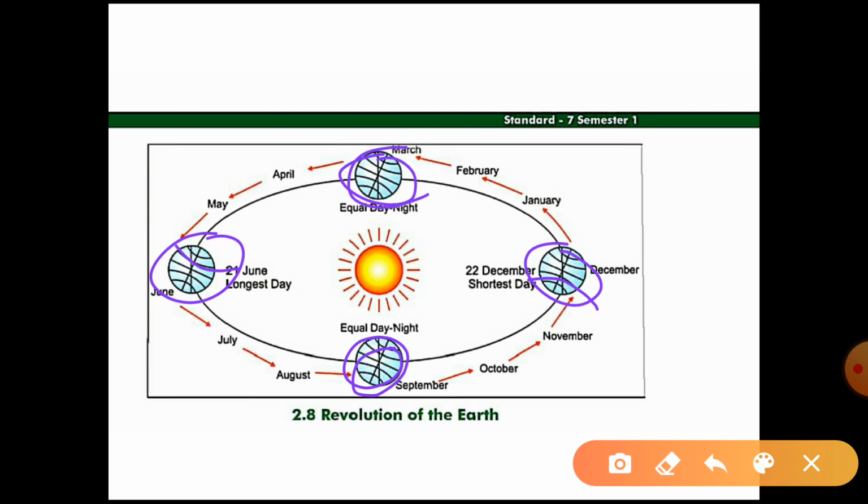Here we can see equal day and night. Why? Because the equator is receiving the straight sunlight. Here 21st March, and here 23rd September.